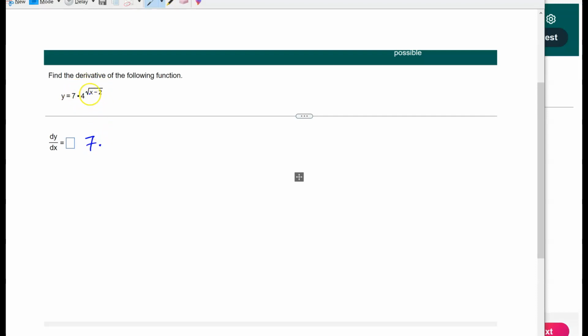So you're going to use the formula for a to the u here. The derivative of a to the u is equal to ln a times a to the u du dx. So the only difference between the derivative of a to the u and the derivative of e to the u with respect to x is the ln a.